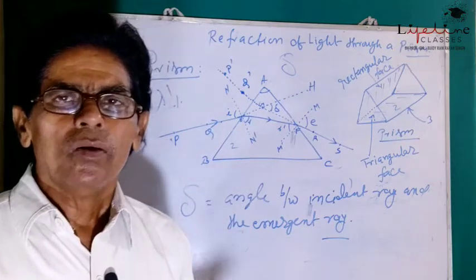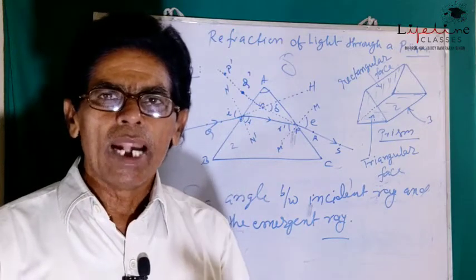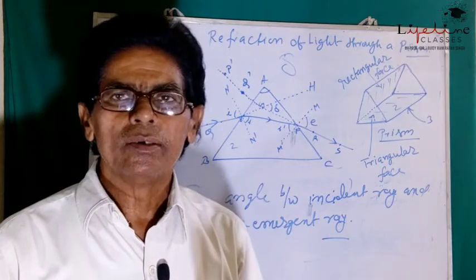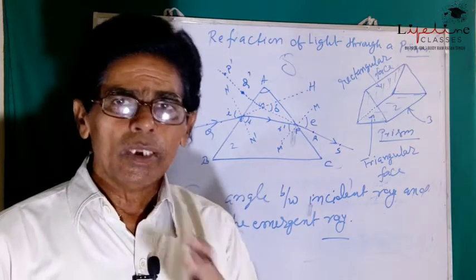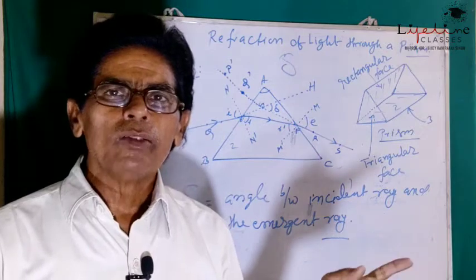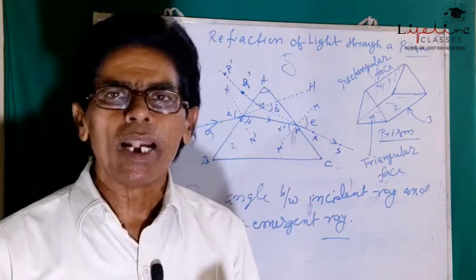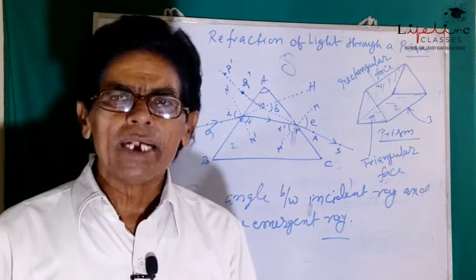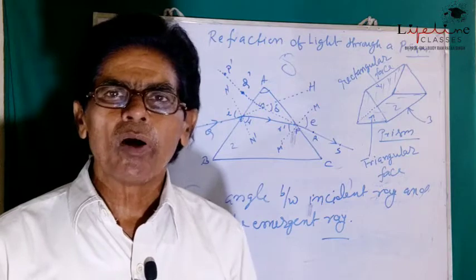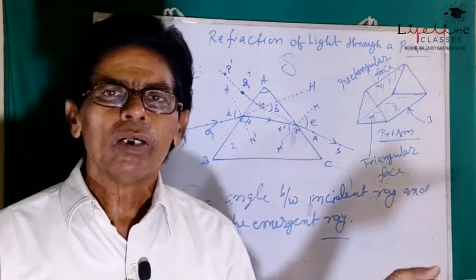That is why the velocity of red light is greater than the velocity of violet light, and the wavelength of red light is larger than the wavelength of violet light. So violet light gets deviated most. The angle of deviation for violet light is greater than for red light.